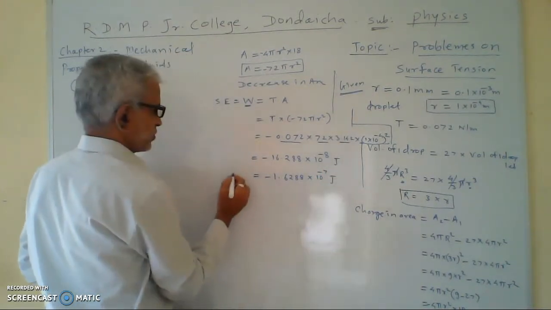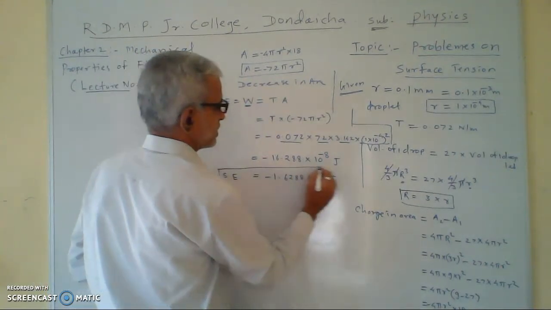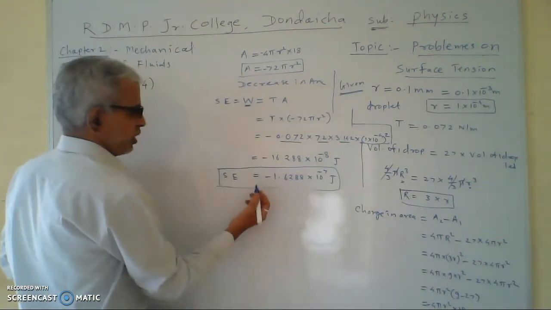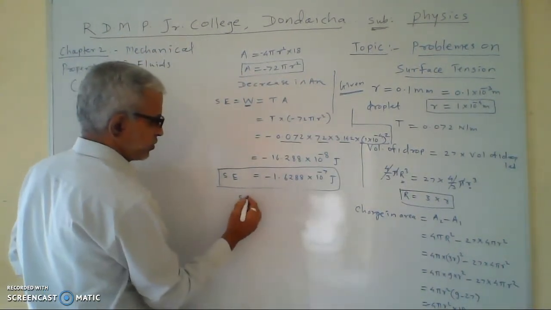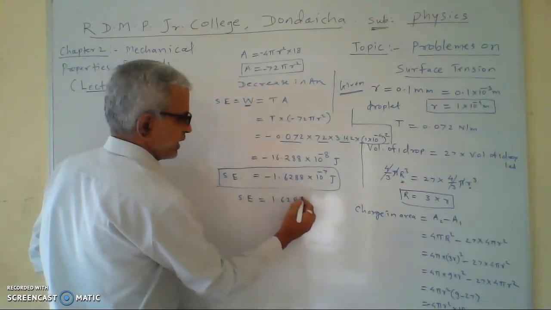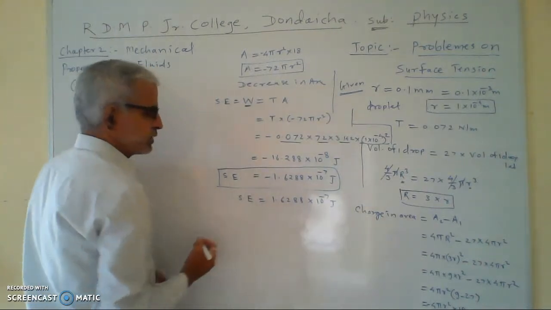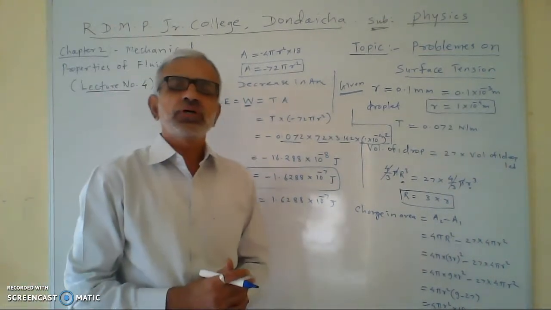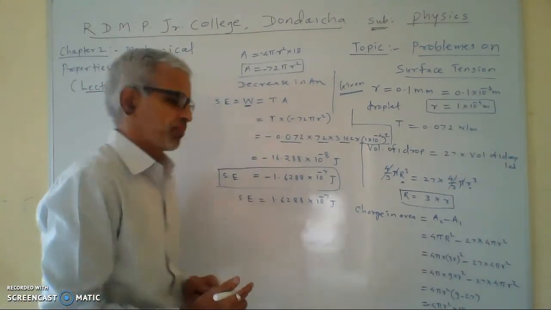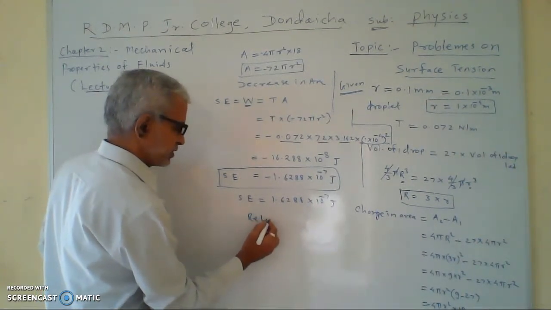And this is the surface energy. This is the final answer, surface energy. Now you can write the magnitude. It is equal to 1.6288 into 10 raised to minus 7 joule. The negative sign indicates that the energy is released or liberated.